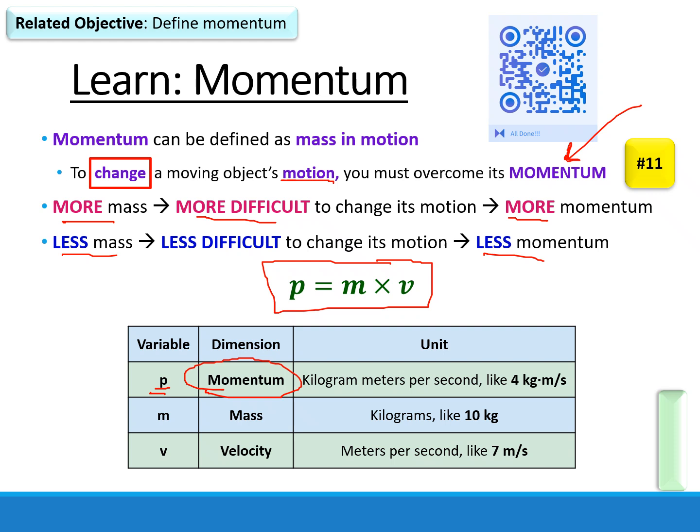Notice that the unit for momentum is kilogram meters per second. And we can calculate momentum if we multiply the mass times the velocity of an object.